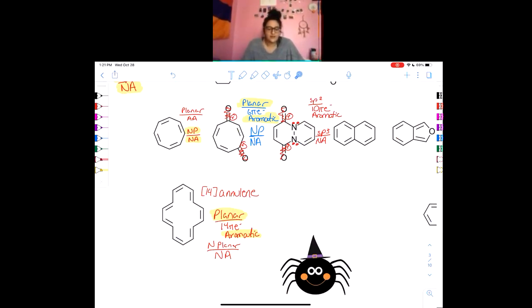And then you just count up the electrons, and if it's following the 4n plus 2 rule, you're going to keep it planar. If it doesn't follow that rule, you're going to be non-planar. I know it's a super weird concept, but does that sort of make sense? Ish?